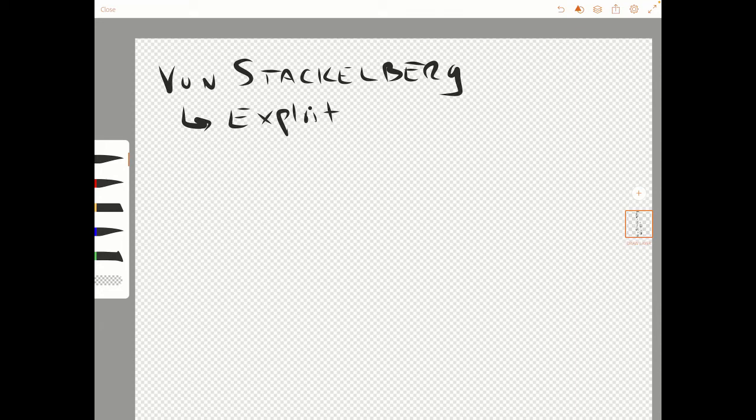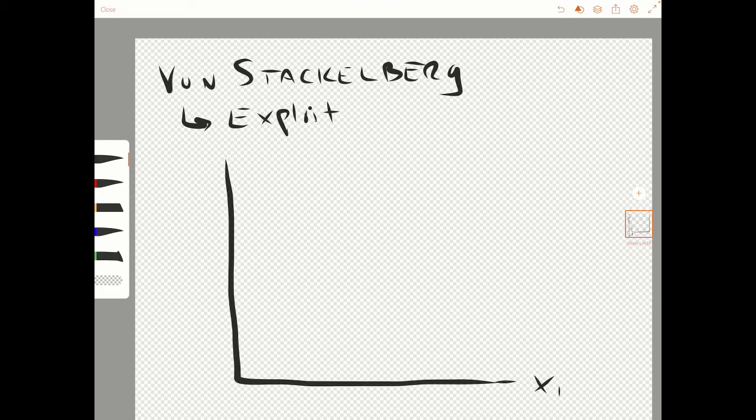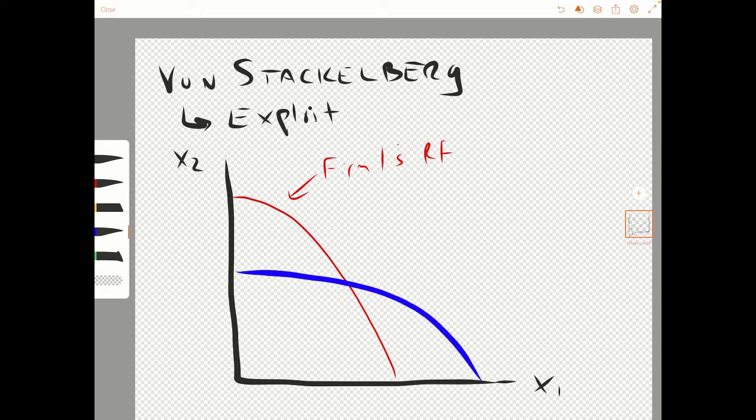Now, let me show you what that looks like. I think it'll be easier than trying to explain it in words. So once again, we have output 1 here and output 2 here. We have our two firms' reaction functions. So this is firm 1's reaction function, and here's firm 2's reaction function.